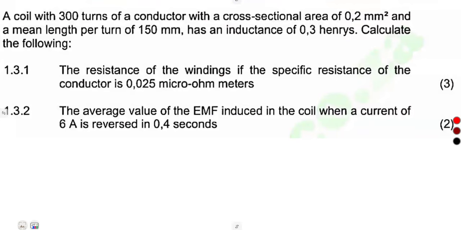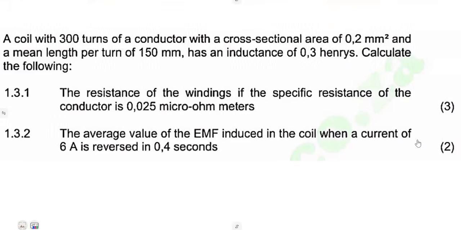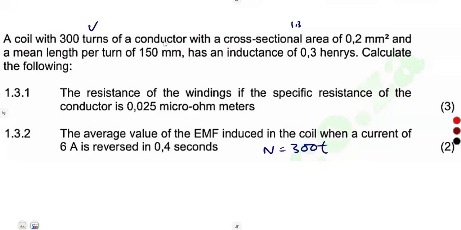If you check, I have illustrated this type of question, I think it's under membership, where you are given something under magnetism and electromagnetism, and it also has some properties of resistivity. We are given that a coil has got 300 turns of a conductor with a cross-sectional area of 0.2 square millimeters.